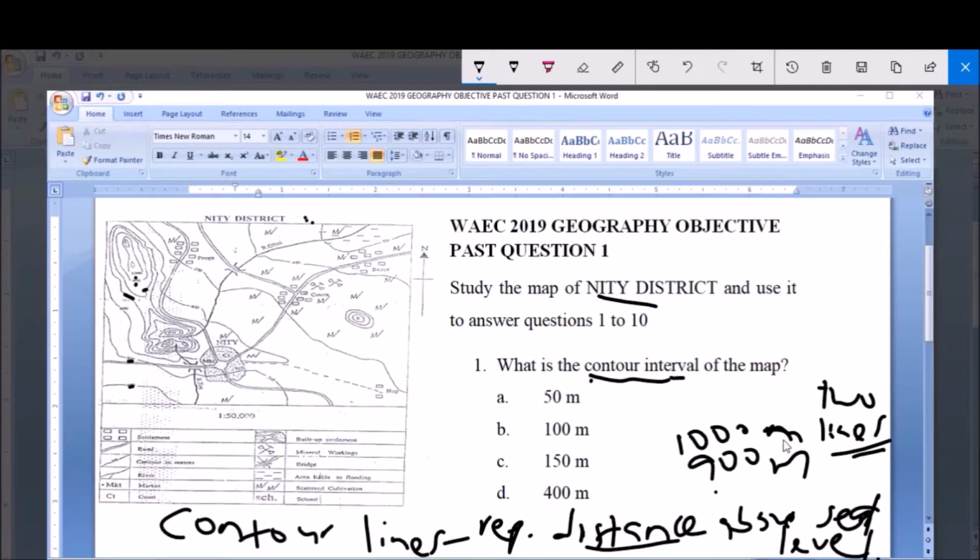To get the contour interval, you say 1000 minus 900, and that is 100 meters. So that is the contour interval of this map, and that is option B, 100 meters.